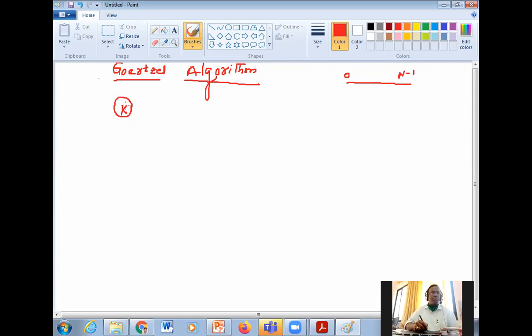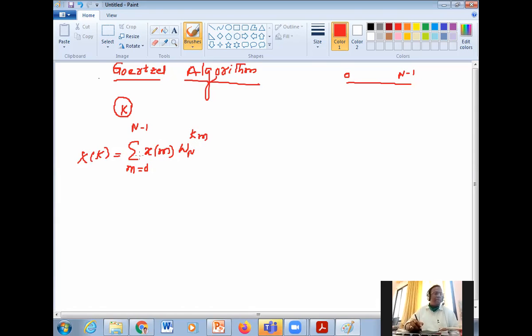As we know, the definition of DFT is X of k equals the summation, m equals 0 to n-1, x of m into omega n to the power km.